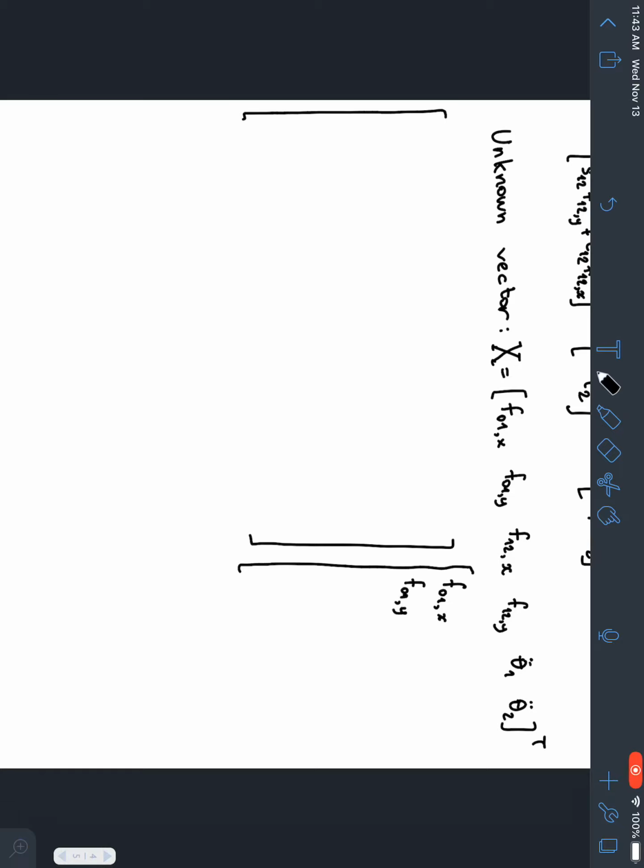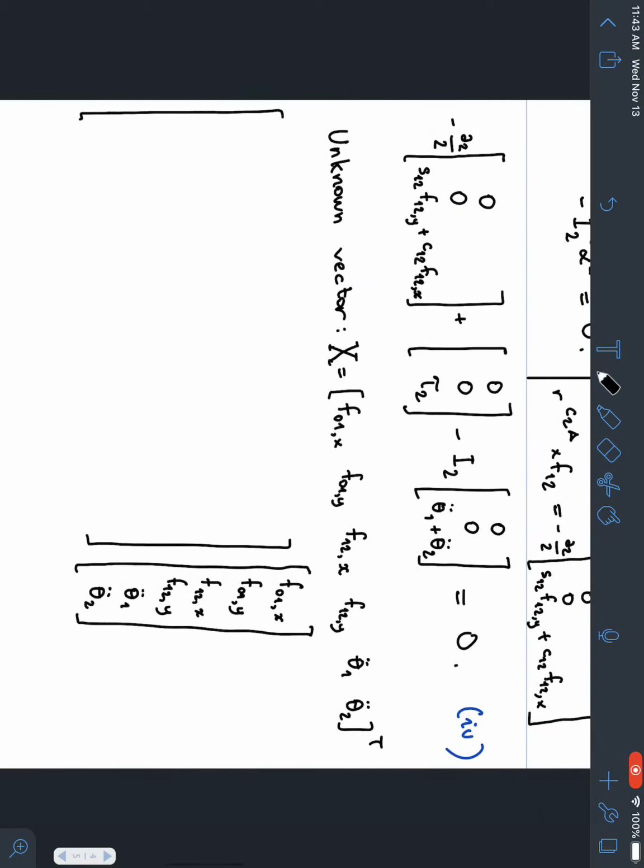I'm going to write this out. Great. Okay, so the first row will correspond to the first equation in I. The second row will correspond to the second equation in I. The third row will correspond to the only non-trivial equation in II.